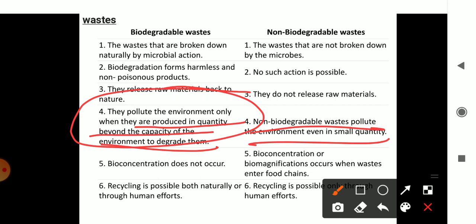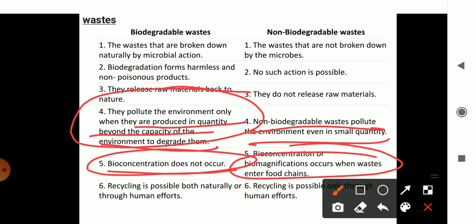And the biodegradable waste will never accumulate and result in a process called biological magnification, whereas non-biodegradable waste materials enter the food chain and result in the phenomenon called biological magnification.